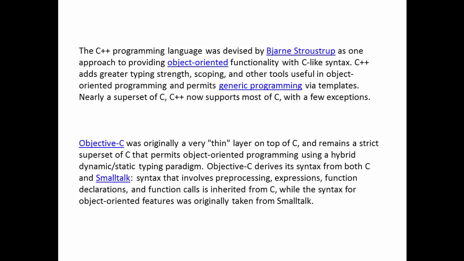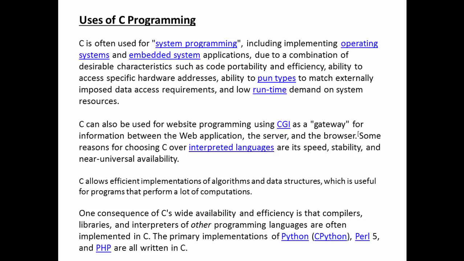So they have their own implementation in the object-oriented world. Okay, so uses of C programming: C is mostly used as a systems programming language, which is used to design operating systems and in embedded systems applications. C is also used to write device drivers, since it has direct access to hardware and memory, and it also has a low runtime demand on system resources.